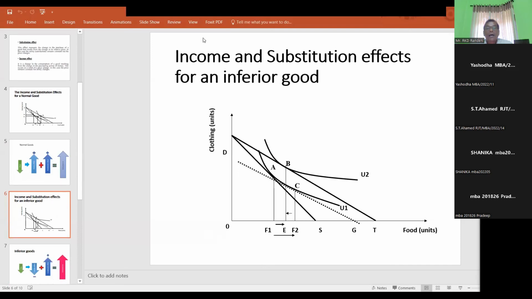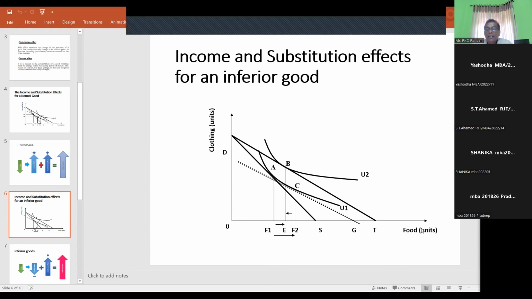Now, income and substitution effects for an inferior good. Here is the commodity. We consider food as the inferior one.